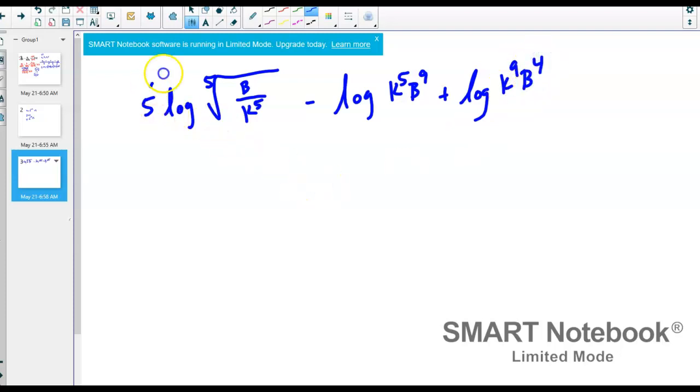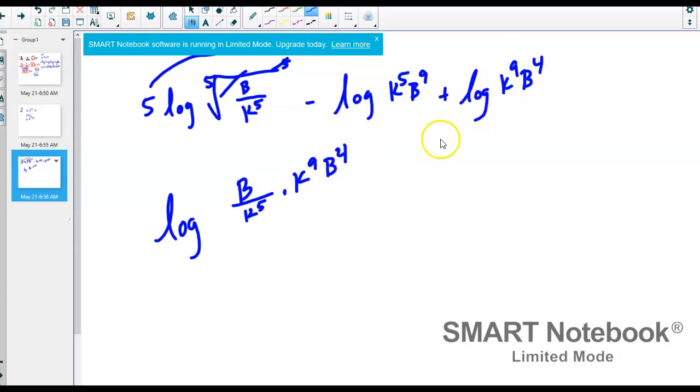Okay, so this 5 is going to come up here, and it's going to cancel that out. Then when I combine this, I'm going to have B over K to the 5th times K to the 9th, B to the 4th, because this one's going to be multiplying in the numerator, and then all divided by the one that's subtracting, K to the 5th, B to the 9th here.